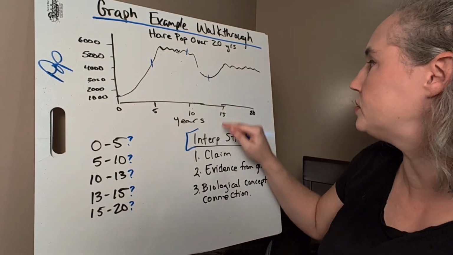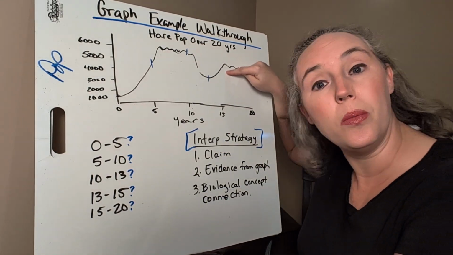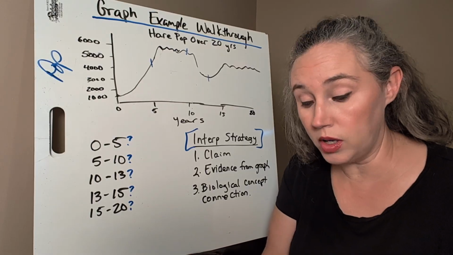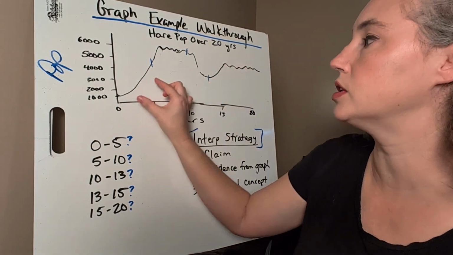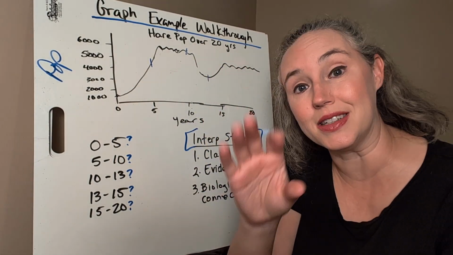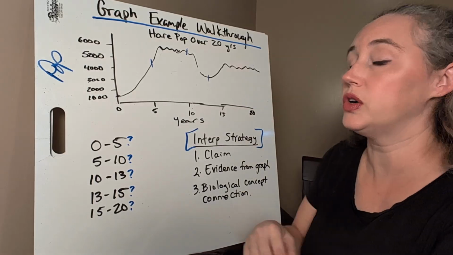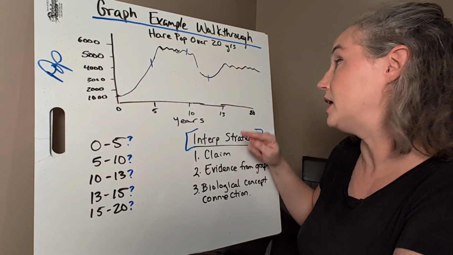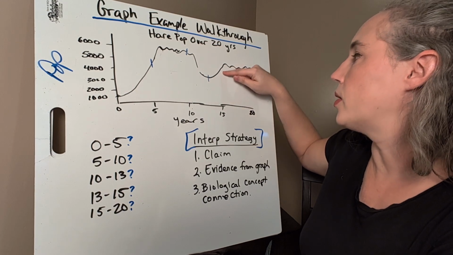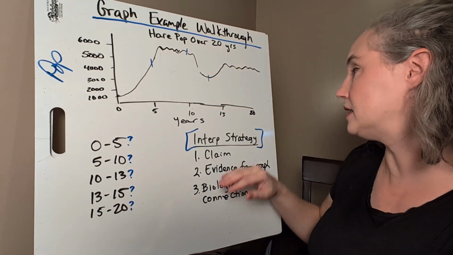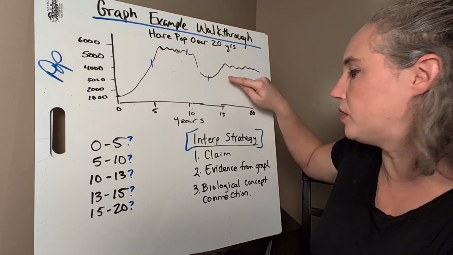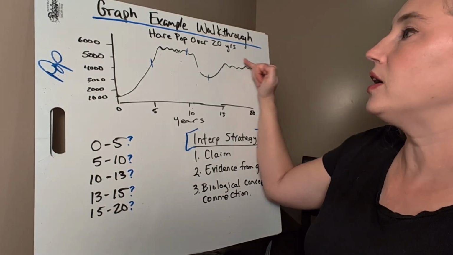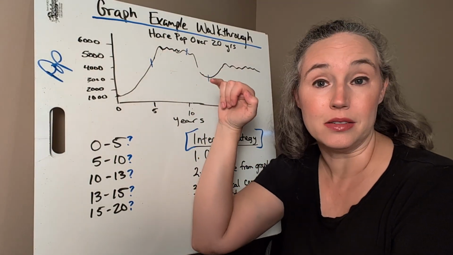Then from 13 to 15, we see it come back up. So again, it's like a mini version of this first 0 to 5 exponential growth situation. Resources are plentiful, nothing major from the outside is happening, and so it's going to grow. But this time it stabilizes between 15 and 20 at around 5,000.